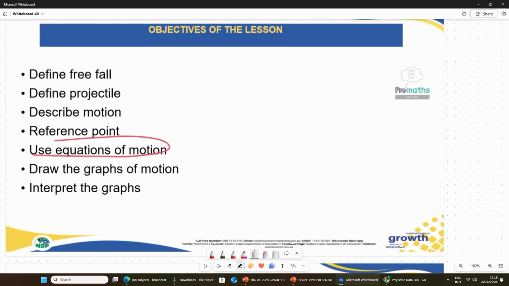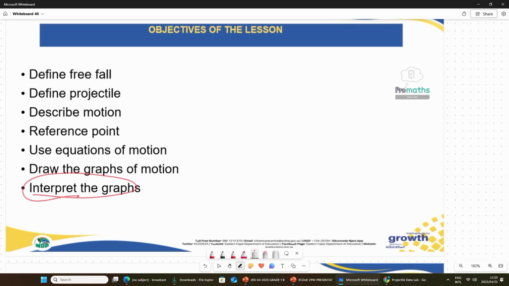Then use the equations of motion to calculate acceleration, velocity, displacement, and time. By the end of this lesson you must be able to draw graphs of motion: a position versus time graph, an acceleration versus time graph, and a velocity versus time graph. And also, learners, you must be able to interpret the graphs if you are given one.